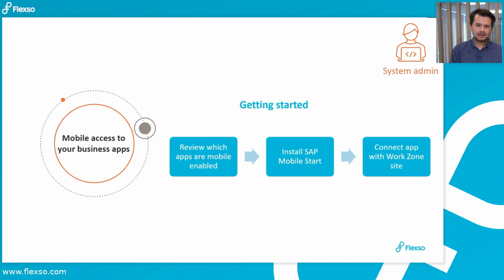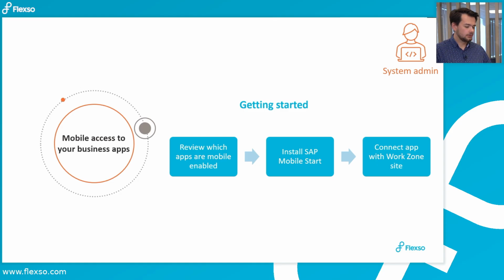So what you have to do to achieve this is, first of all, review which applications are mobile enabled. And that's something you can do in the Fiori apps library. So for example, if you want to have an S4 application that is exposed to Mobile Start, it's important that it's enabled for mobile access. So that's something to check.